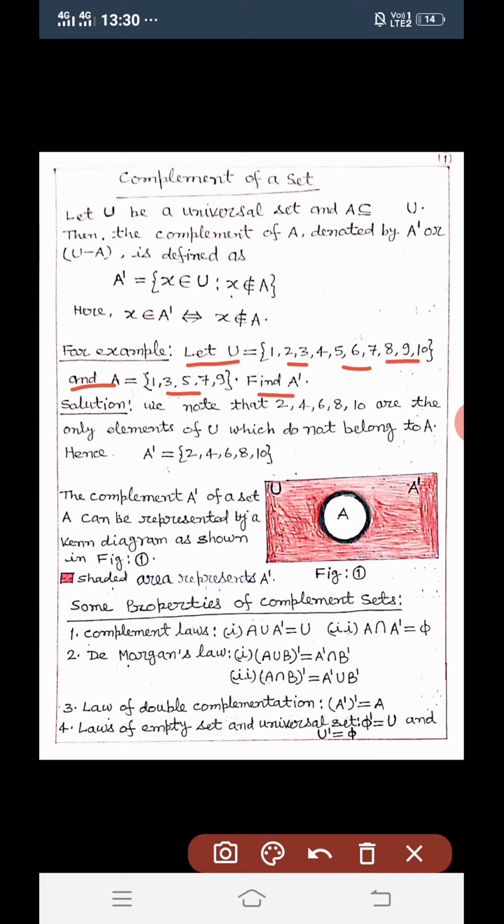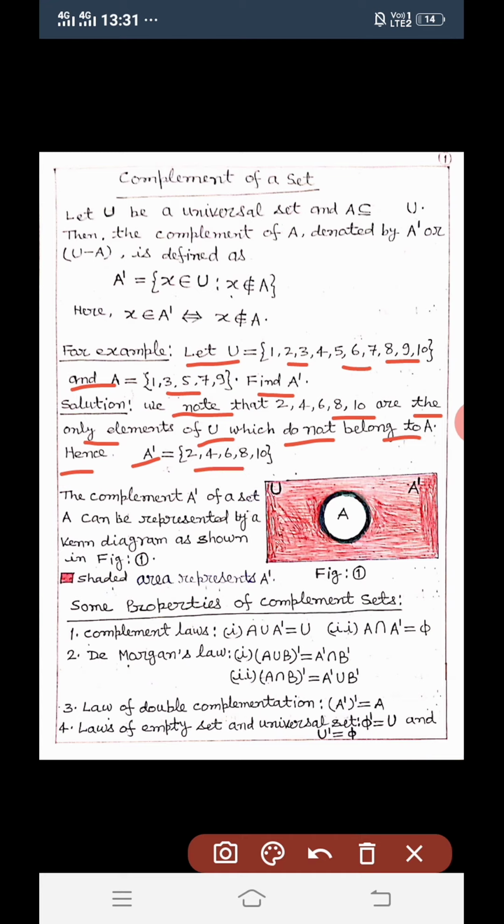Dear students, we note that 2, 4, 6, 8, 10 are the only elements of the universal set U which do not belong to A. Hence, the complement of set A, that is A dash, equal to {2, 4, 6, 8, 10}.